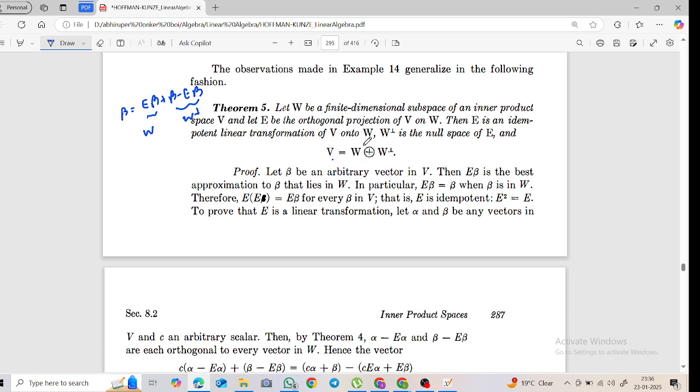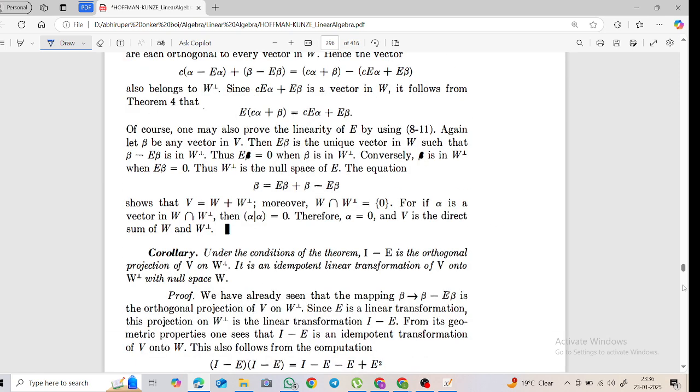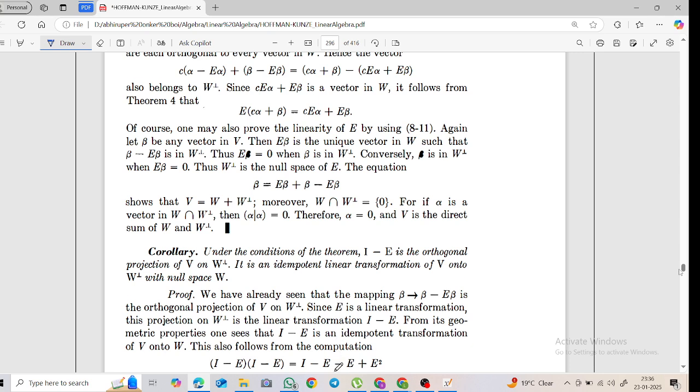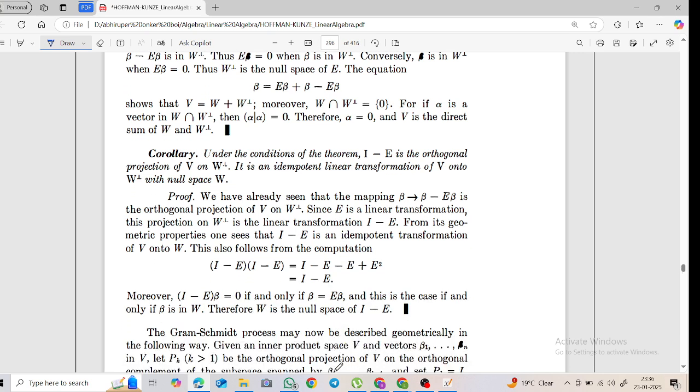Okay, so this is already proved actually by our discussion. And what is beta minus E beta? This is nothing but I minus E of beta. Okay. So, see, this corollary is very important. If E is an orthogonal projection of V onto W, then I minus E is an orthogonal projection of V onto W perp.